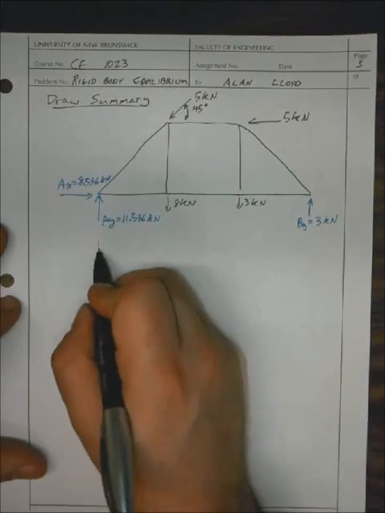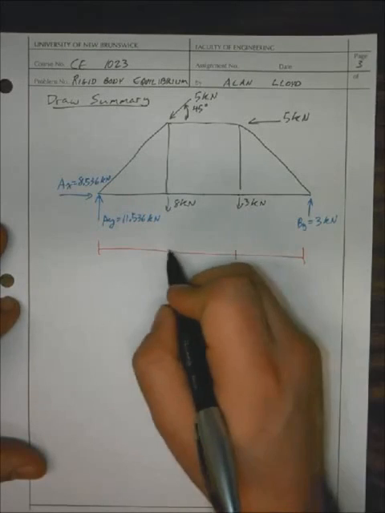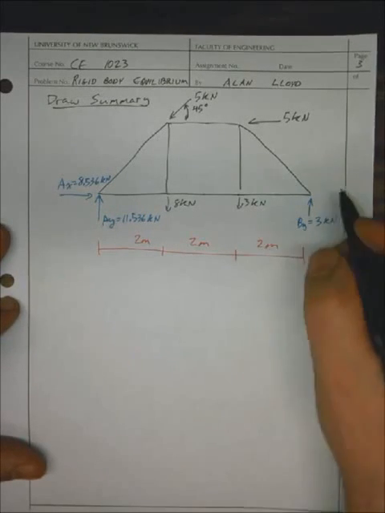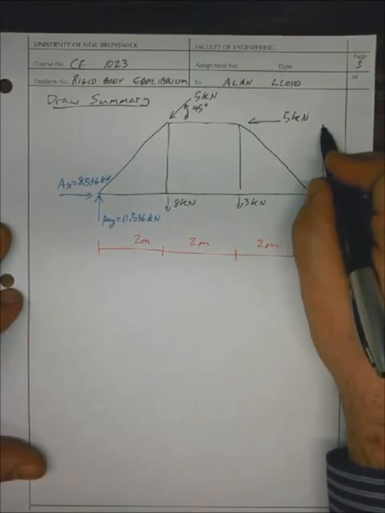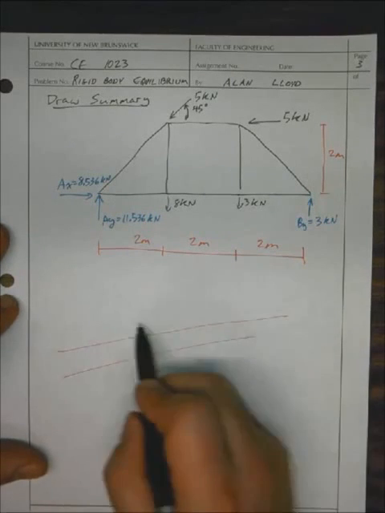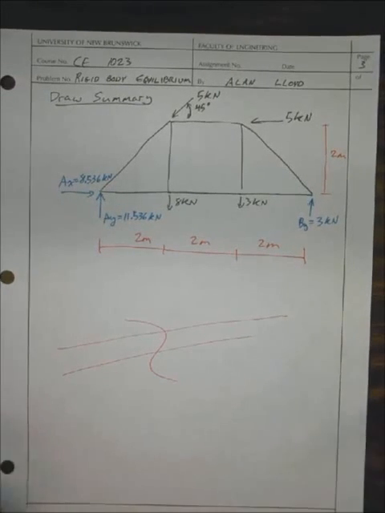To that we added some quick dimensions: 2 meters, 2 meters, 2 meters, 2 meters. And at this point, we're done the problem after we've completed our summary diagram.